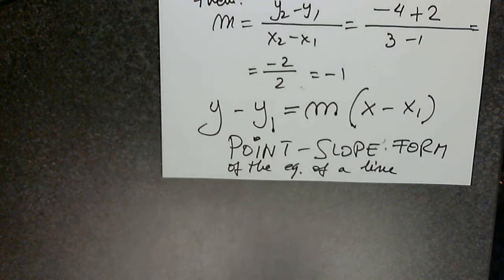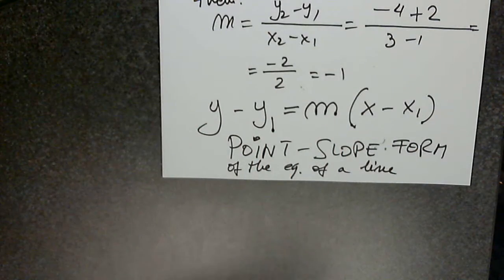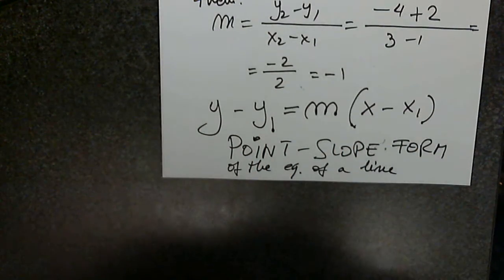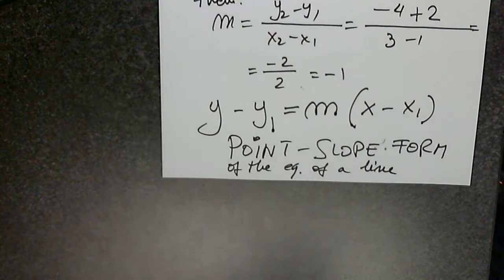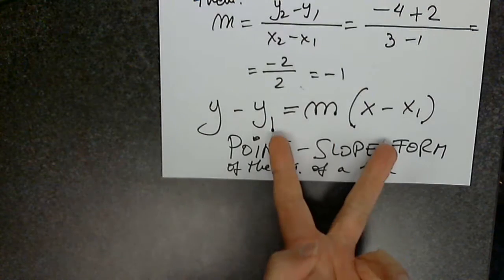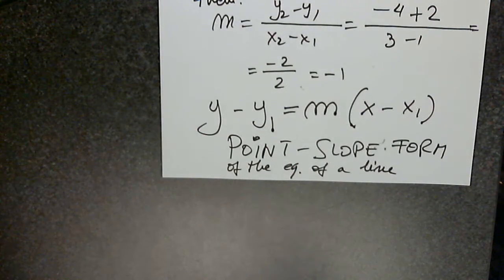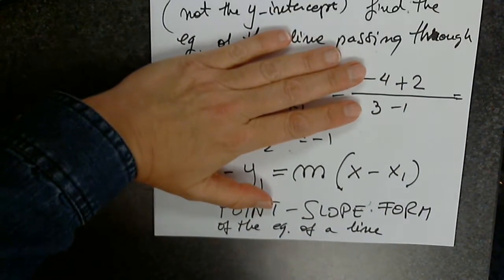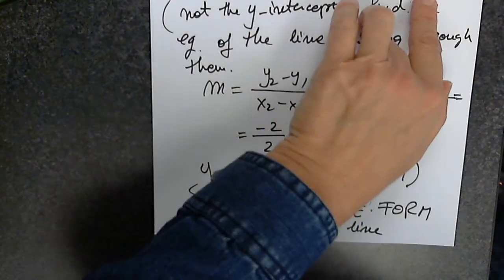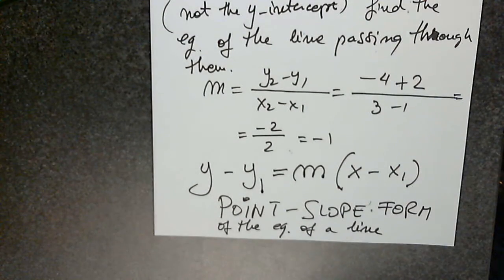Now, I said not the y-intercept, but do you think that this formula will work with the y-intercept? Of course it will work with any point, because I only have 1 point in the slope, and that point can be the y-intercept. And I will still get the same equation at the end. But the point I'm making here is, when you have 2 points and none of which is the y-intercept, don't think of the first equation.